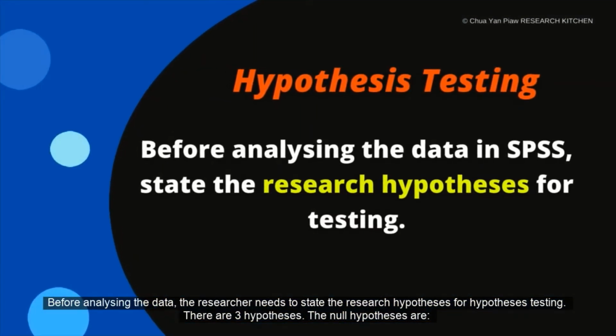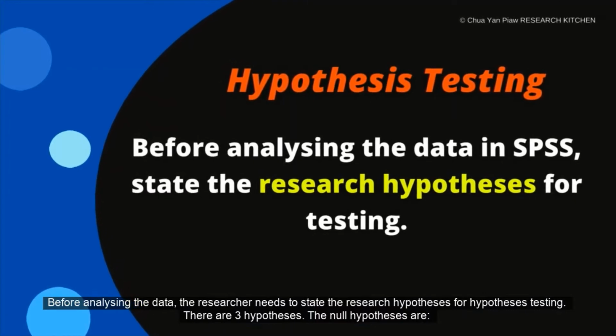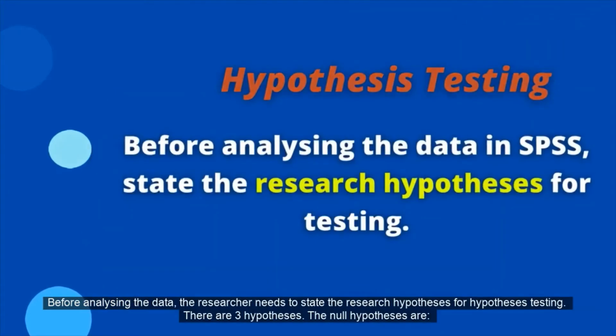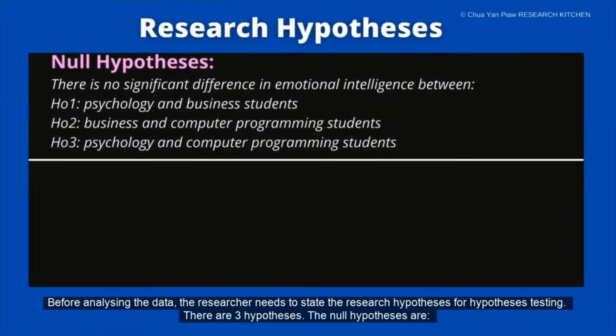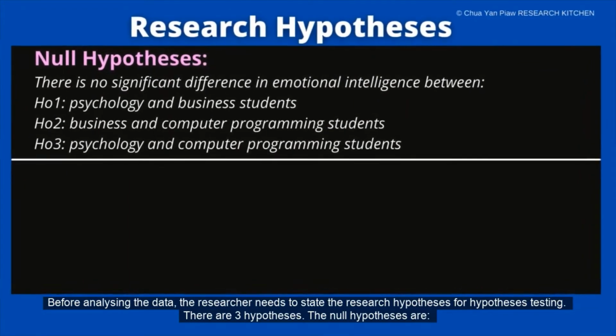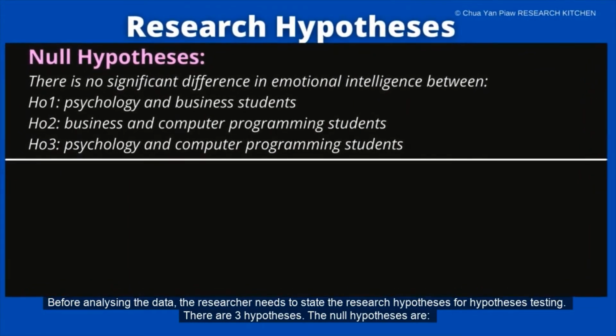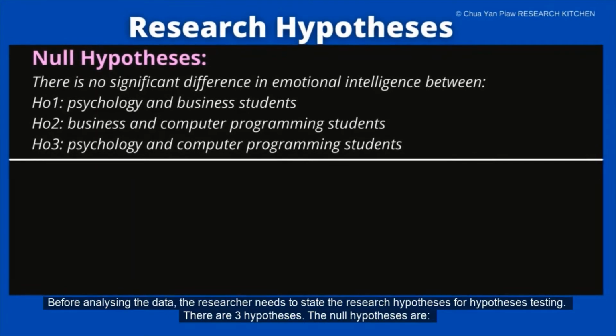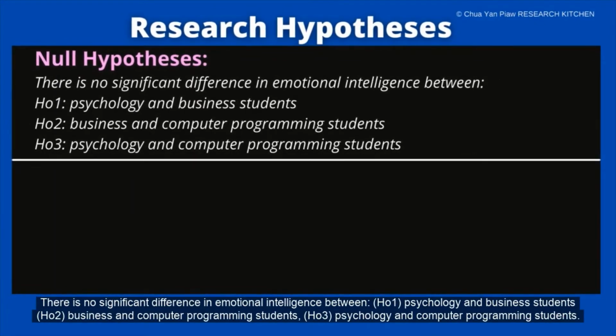Before analyzing the data, the researcher needs to state the research hypothesis for hypothesis testing. There are three hypotheses. The null hypotheses are: there is no significant difference in emotional intelligence between psychology and business students, business and computer programming student, psychology and computer programming student.